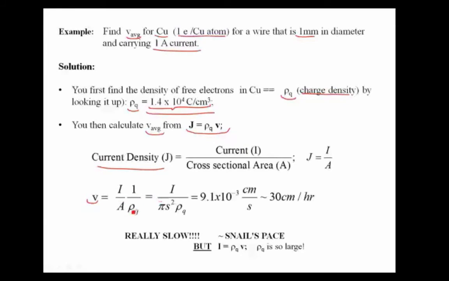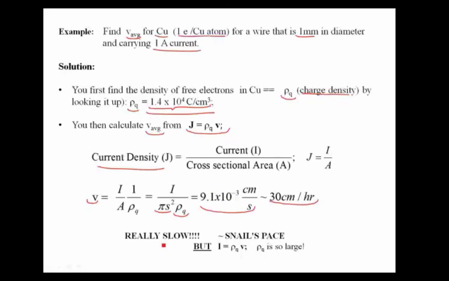If we take the area to be pi s squared, where s is the radius of the wire, then we can put in the charge density, which we calculated for copper, do the arithmetic, and we end up with this quantity here. So this says that the drift velocity is 10 to the minus 2 centimeters per second, and if you change that to another unit, that's 30 centimeters per hour.